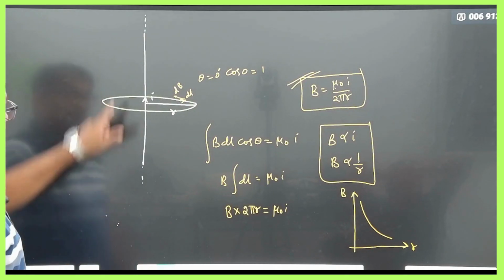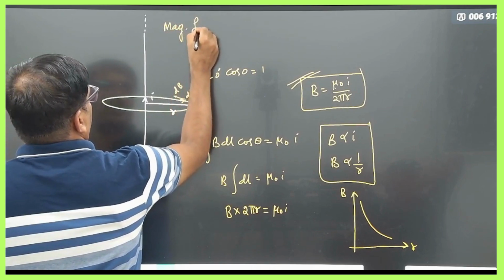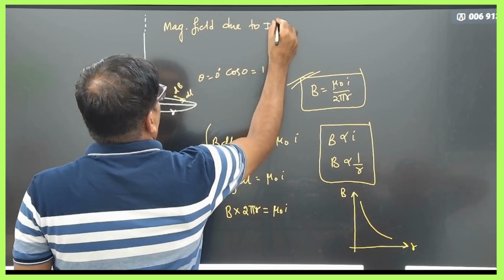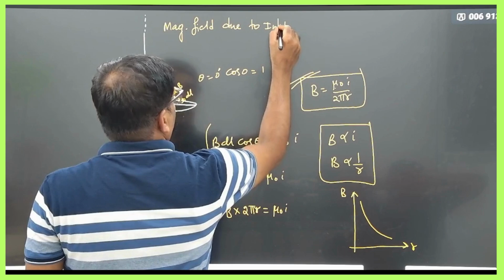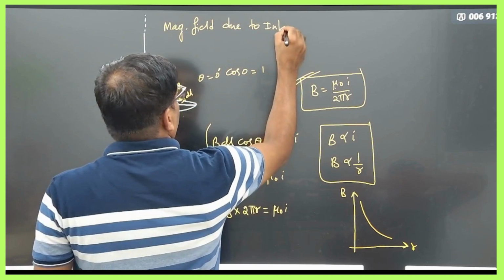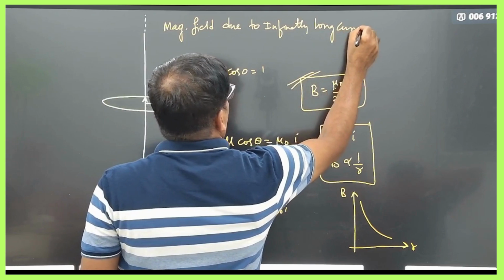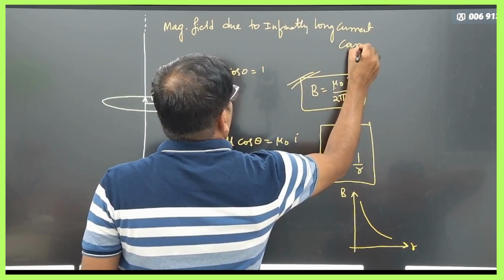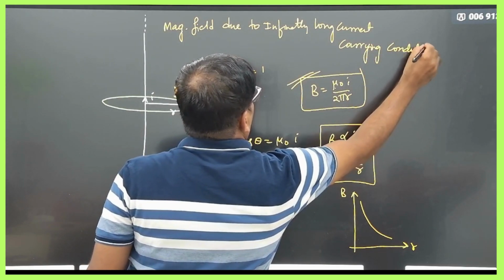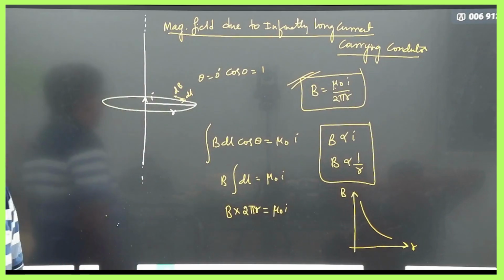This is the magnetic field due to an infinitely long current carrying conductor.